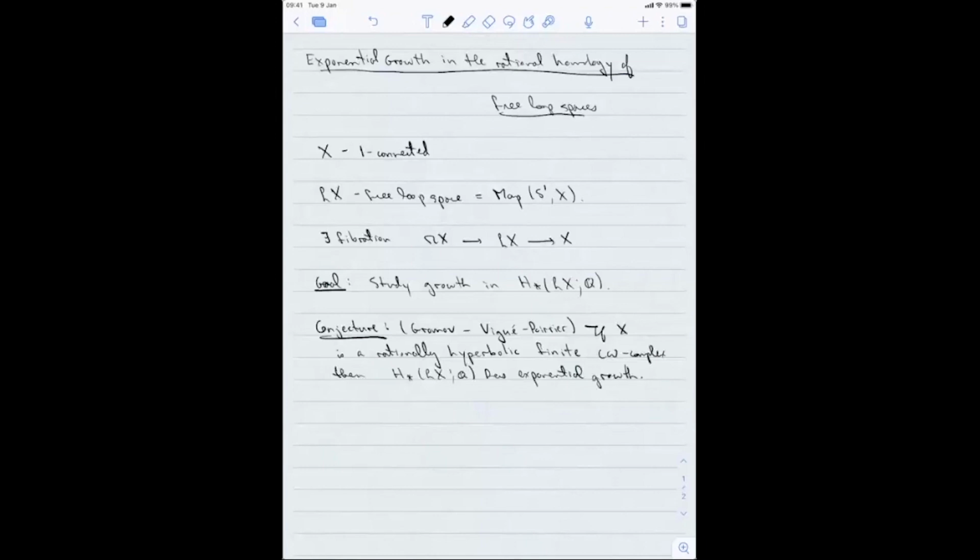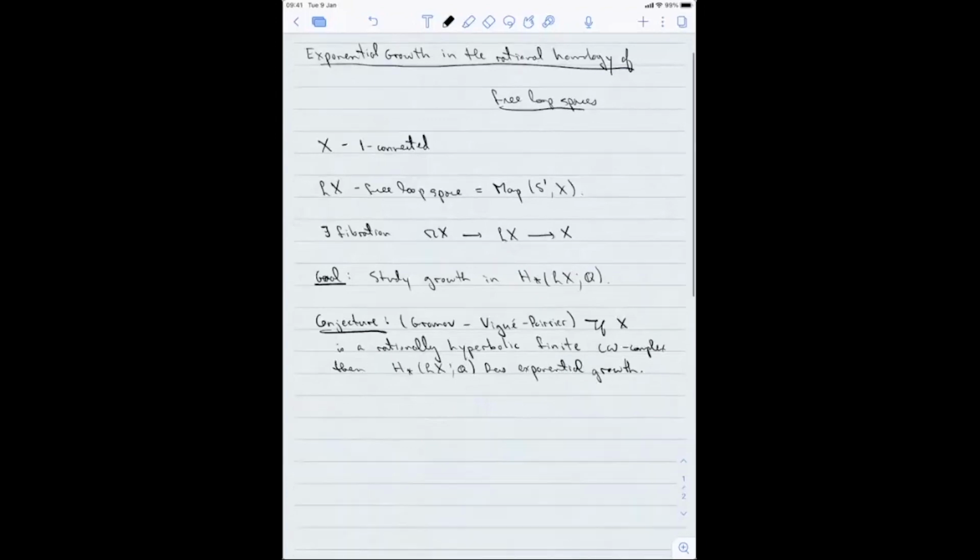So the idea is if there are infinitely many rational homotopy groups, then the homology of the free loop space should grow very fast.